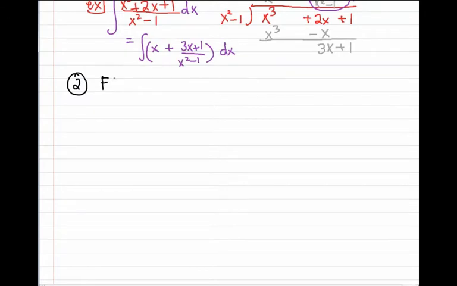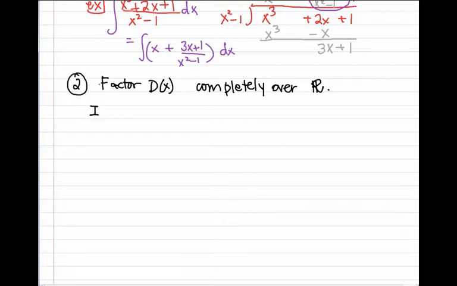Alright, now some steps for actually how to decompose. First thing you're going to need to do is factor your denominator, d of x, completely over the reals. Okay, so no irrational numbers. And there are several different types of what can happen after you factor. If you have distinct linear factors, distinct meaning all different, none of the factors are repeated, and all of your factors have to be linear.